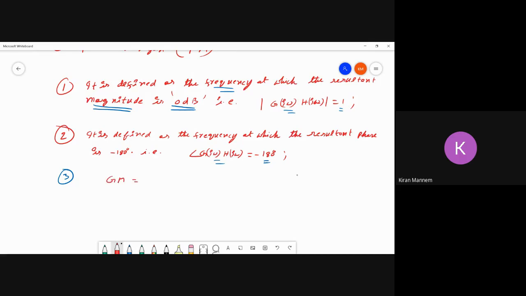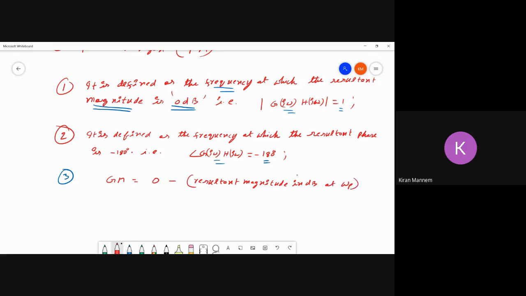Gain margin is always 0 minus the resultant magnitude in dB at omega p.